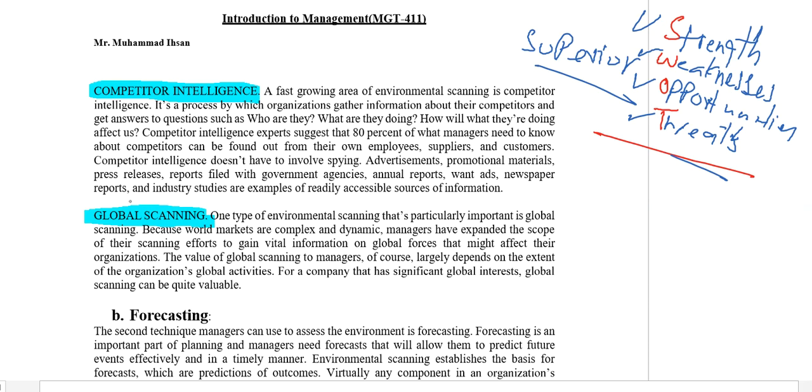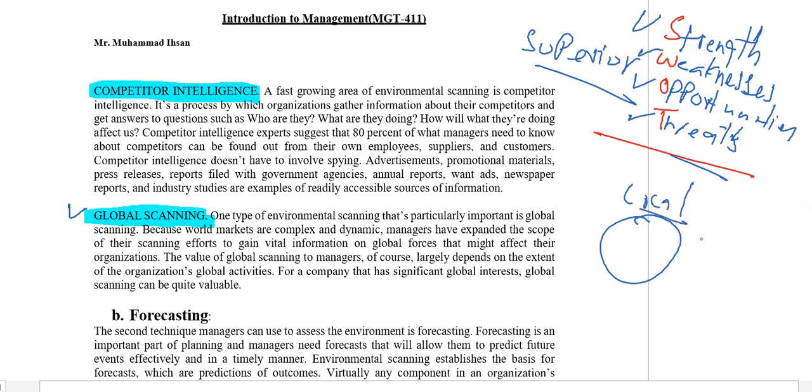Next topic is global scanning. Students, nowadays the world has become a global village, so we cannot expand our business by focusing only on local things.